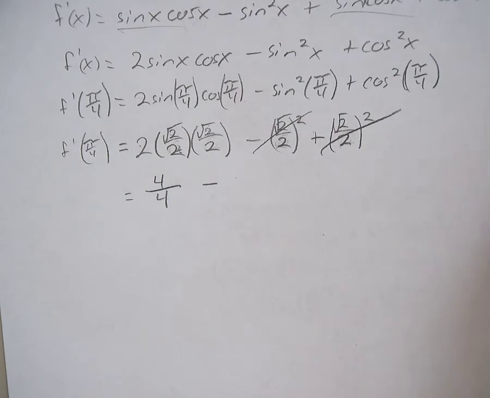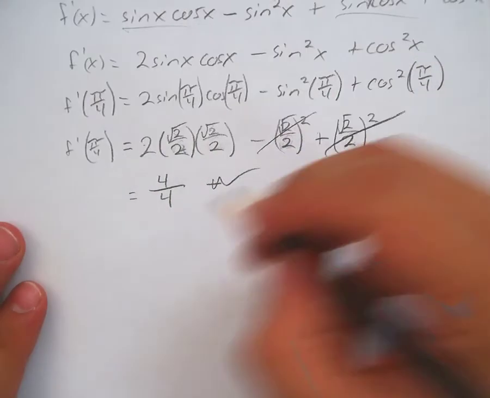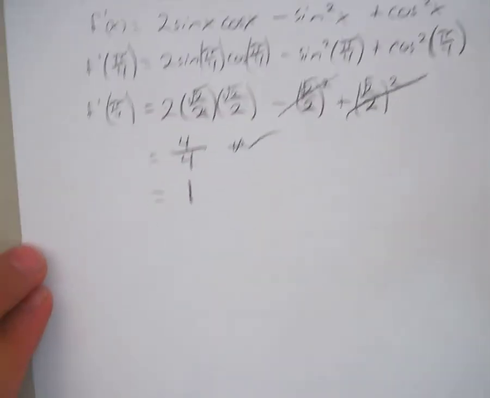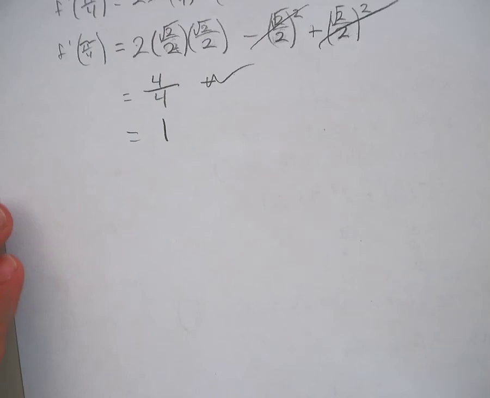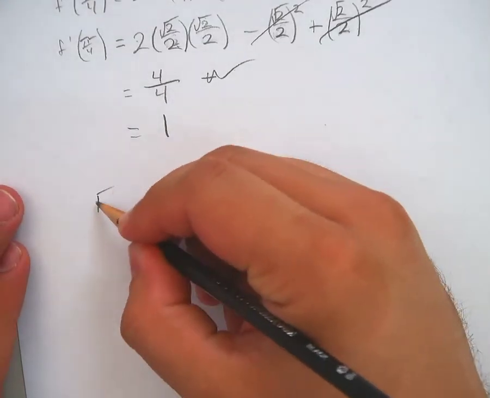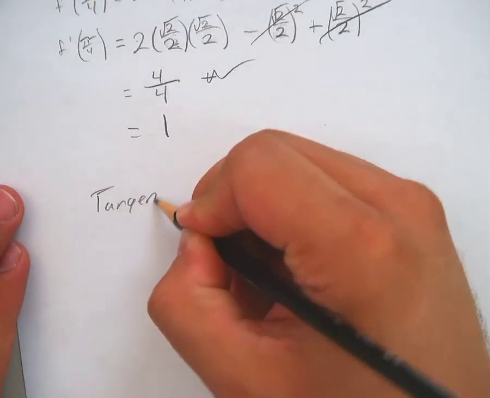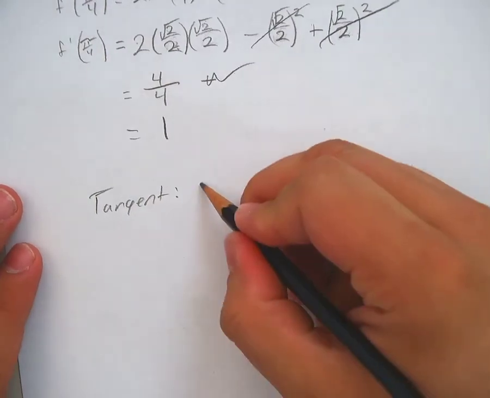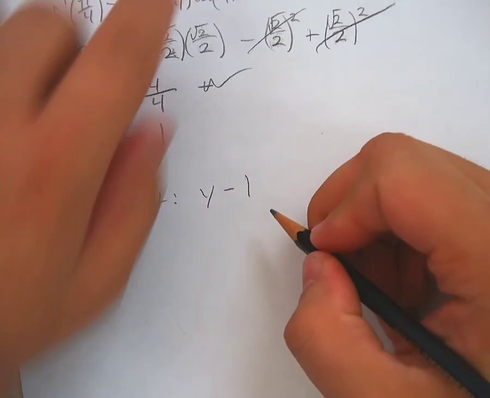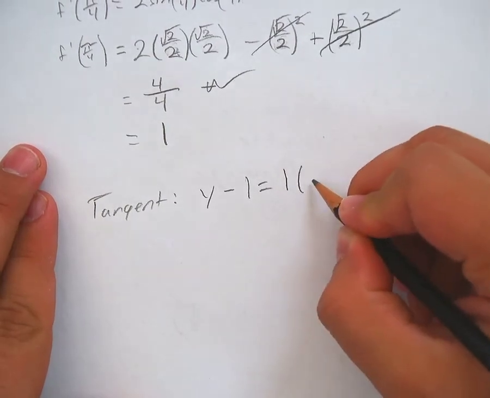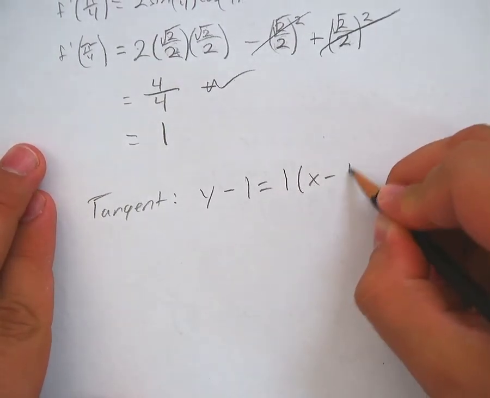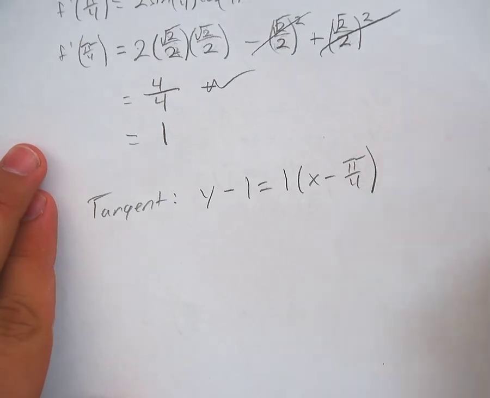One's positive, one's negative. It's 4 over 4, which is 1. The shock. So your tangent line, then, y minus your y value from the top equals your slope times x minus pi over 4.